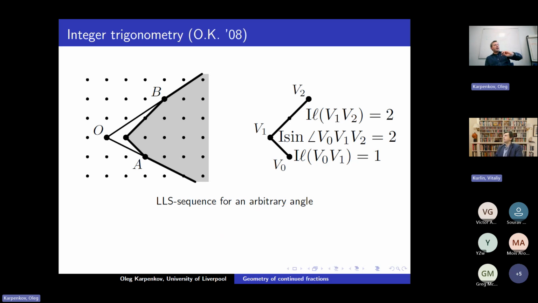So on the right we have just this broken line, and it is enumerated by the order from bottom to top. So V0, V1, V2 are just the elements of the broken line, starting with A and ending with B. Okay, so this integer sign, if I remember correctly, is the area of the triangle divided by the product of... Right.